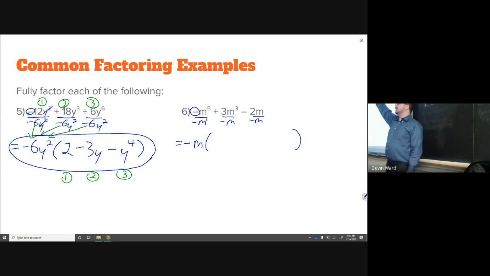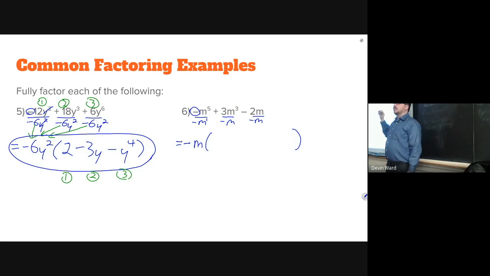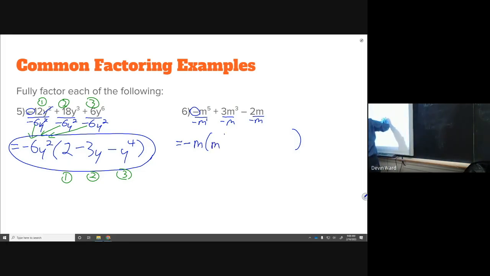So I know everyone's pretty much got it. So what was the first term inside the brackets? M to the power of 4, perfect. And it's positive because we have negative divided by negative. Second term, we had 3m cubed divided by negative m. Perfect. And what is it, positive or negative? Negative. Perfect.